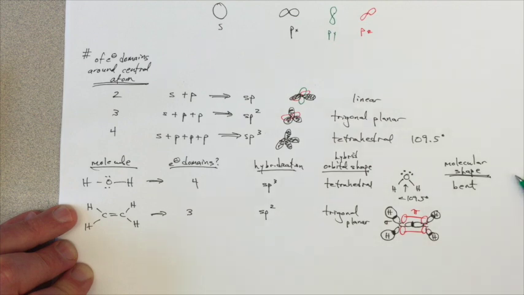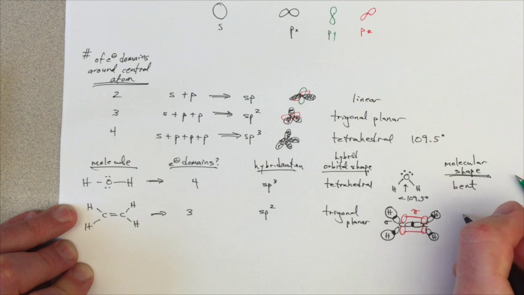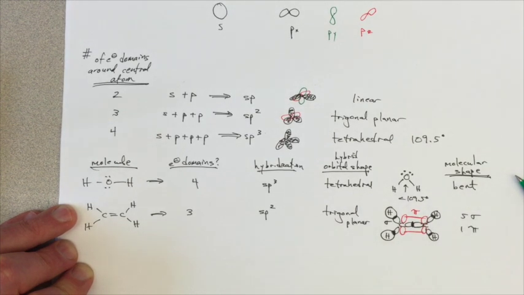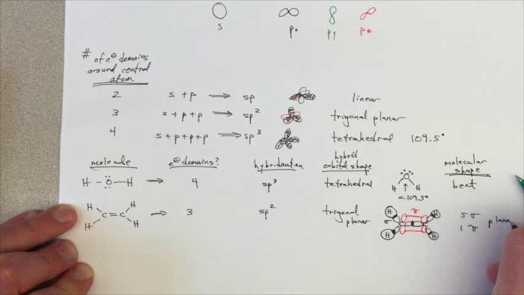So in ethylene, we would say that there are 5 sigma bonds, 1 pi bond. The molecular shape of ethylene is trigonal planar, or actually the molecule is planar in shape. There's no really three-dimensional geometry to it. It's just one plane in the paper. So we can call this a planar molecule.